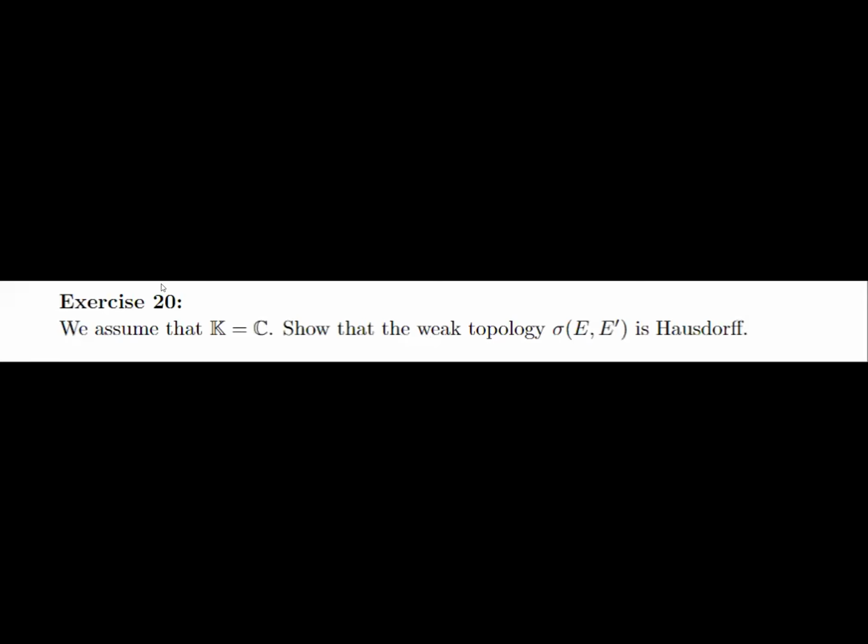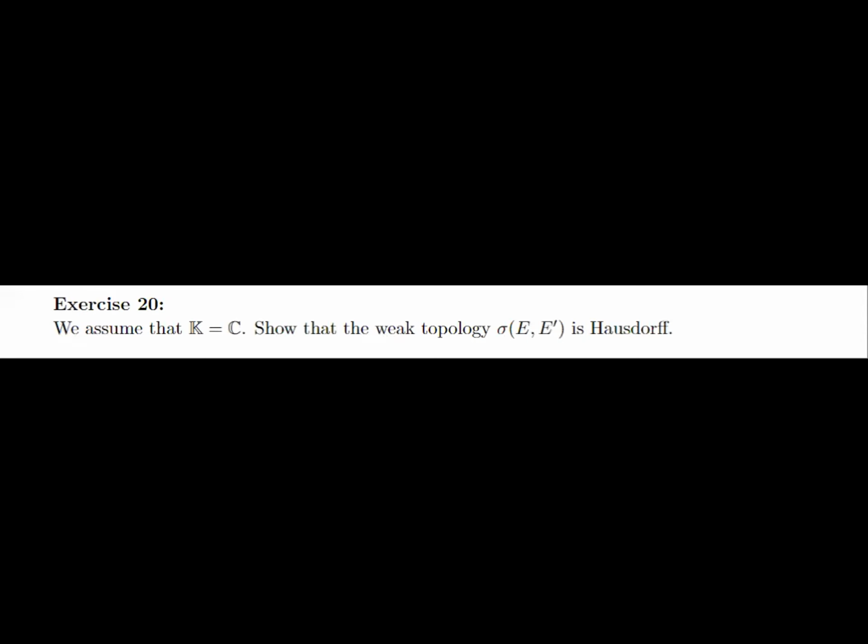So now in this exercise 20, this is the same, but with C, the complex numbers. So we are going to try to copy the same proof as in exercise 19. So let's try to do that.